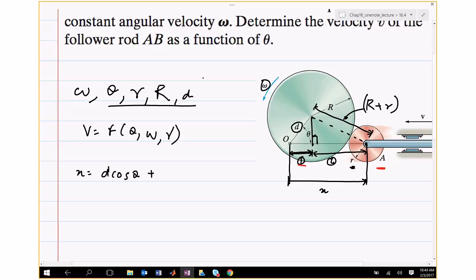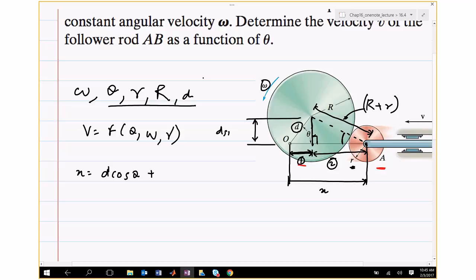Okay, now can I find 2? So this one is the sine of, no, cosine, yeah. No, you don't know the angle. This is not theta. But we know the vertical is going to be d sine of theta. So what she says is this thing here is d sine of theta.